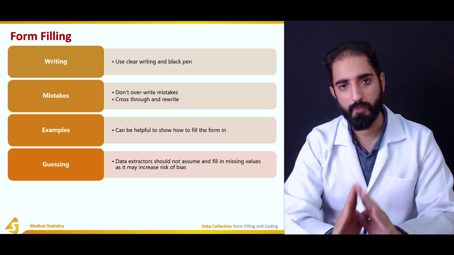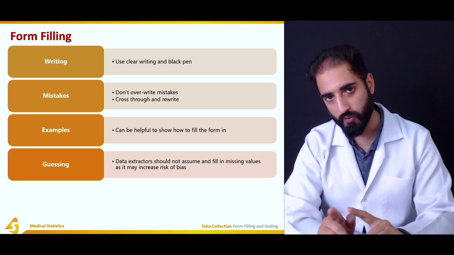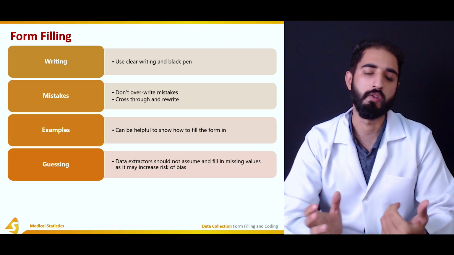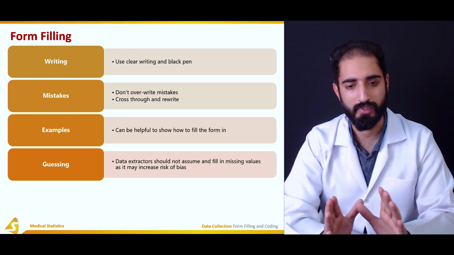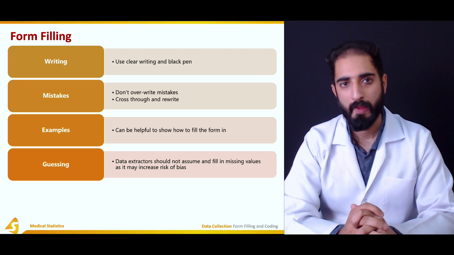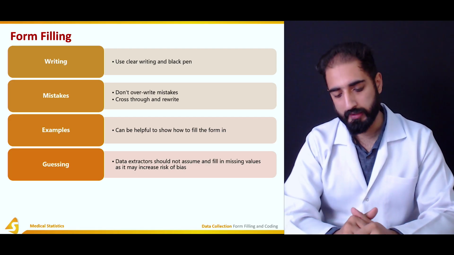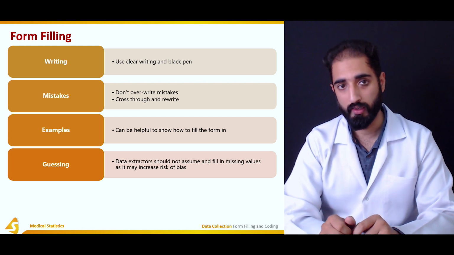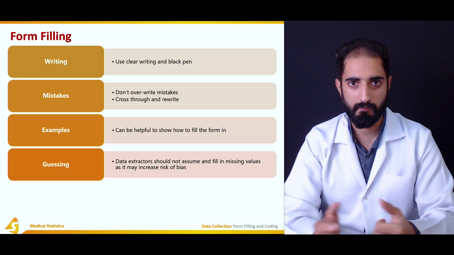The participants who are collecting the data for your research should not assume and fill in the missing values, as it increases the risk of bias. For example, if I wanted males to have a better score on, let's suppose, physical activity.